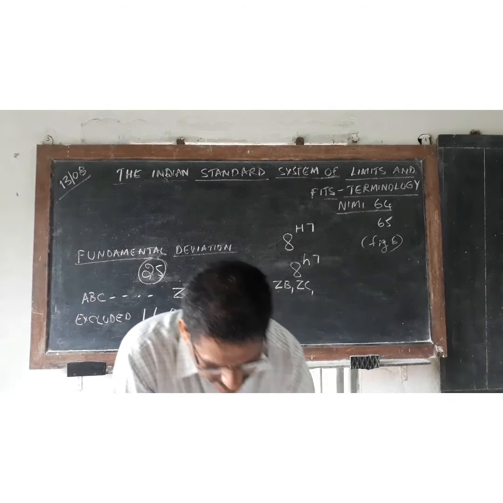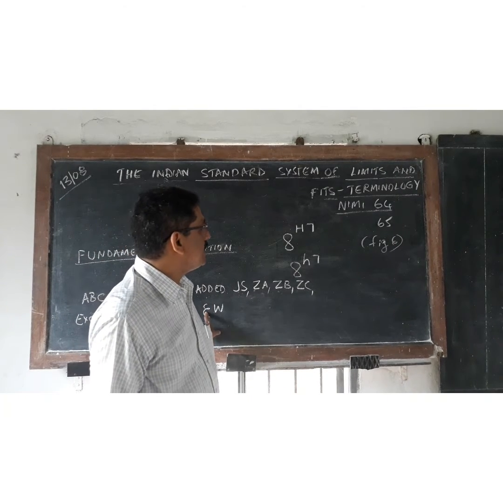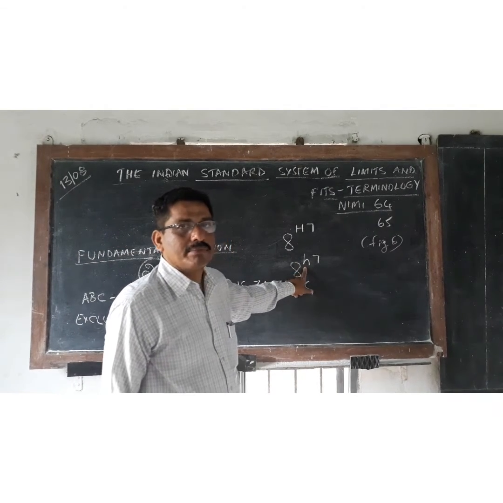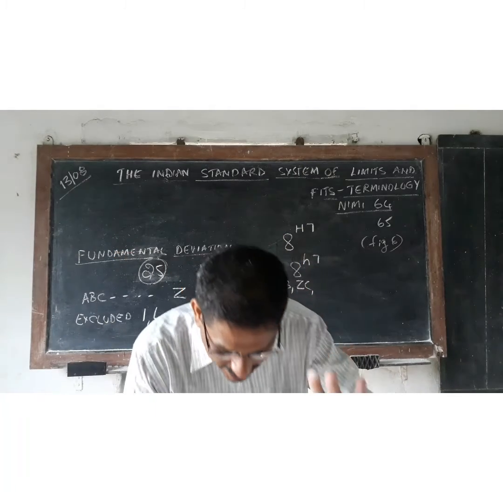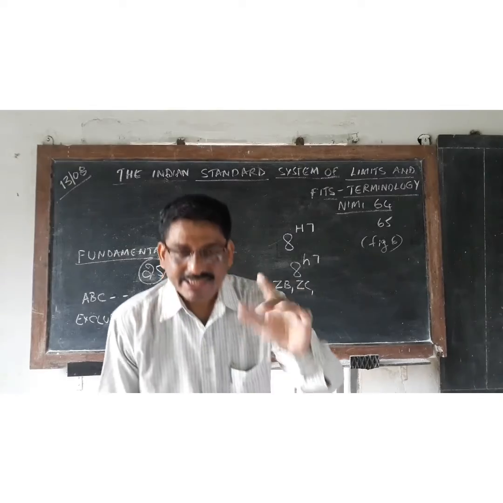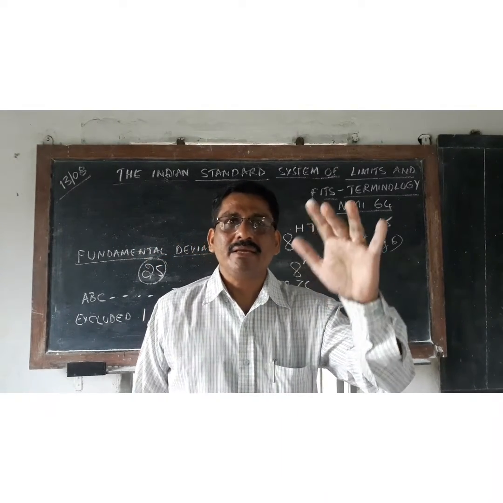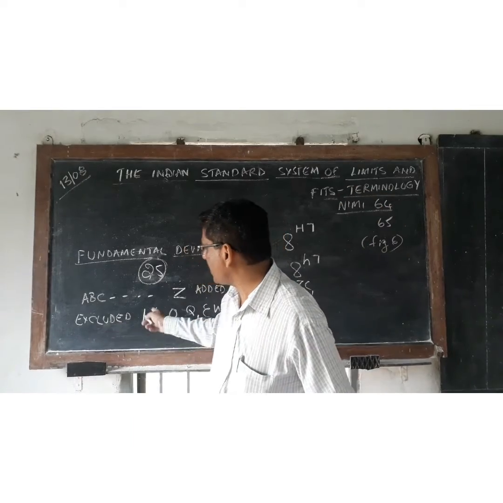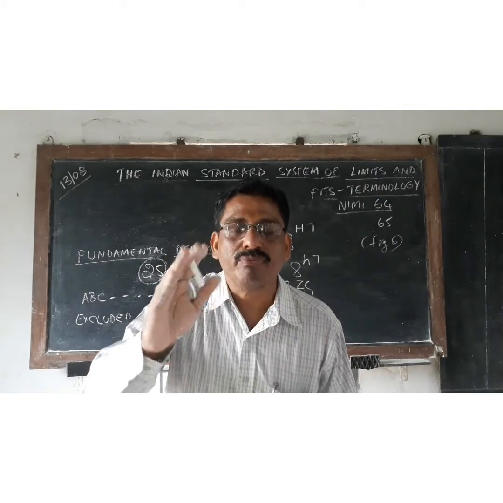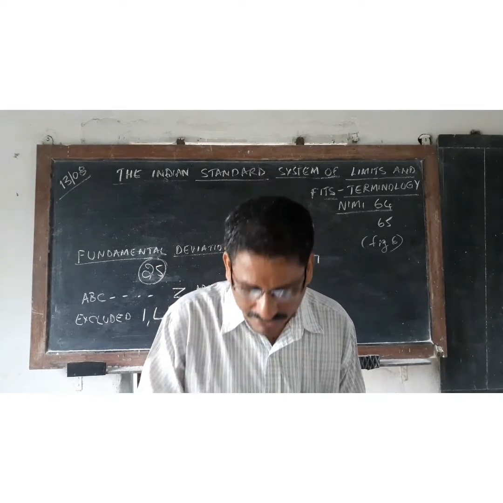So always capital letters for hole, and small letters for shaft. In that, one more is there, this time a little bit, 3 more added. That is not necessary, it is not coming in this, but keep it in mind, for fine mechanism fit, very fine, very accurate fit.